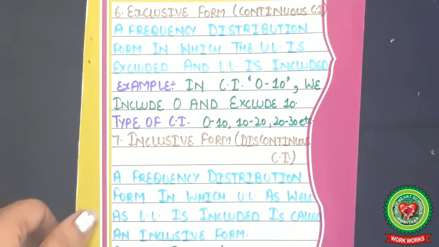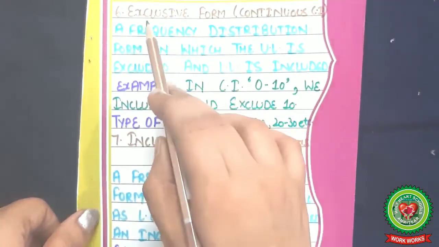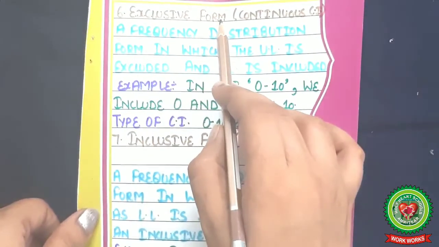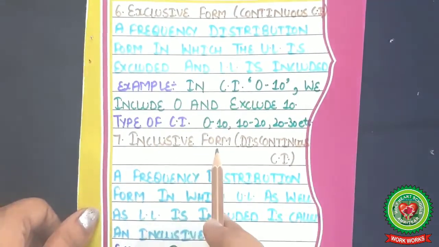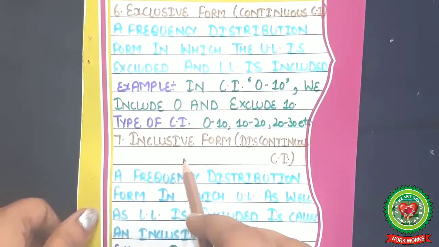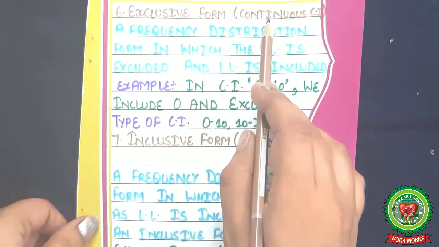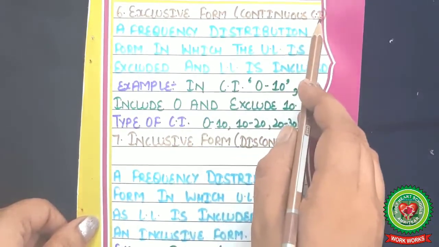Students, also we have two forms of frequency distribution. First form is exclusive form and second form is inclusive form. Now what is exclusive and inclusive form? We will discuss through definition. Exclusive form is also known as continuous class interval.